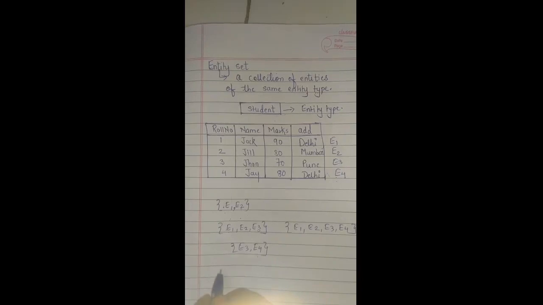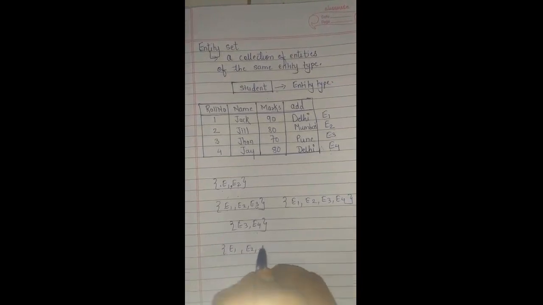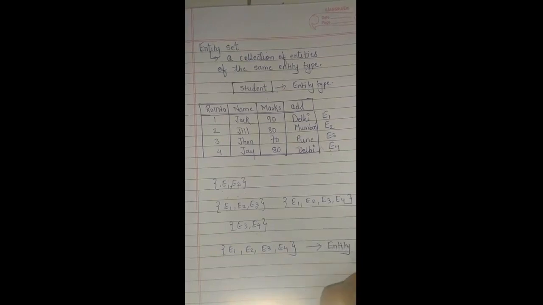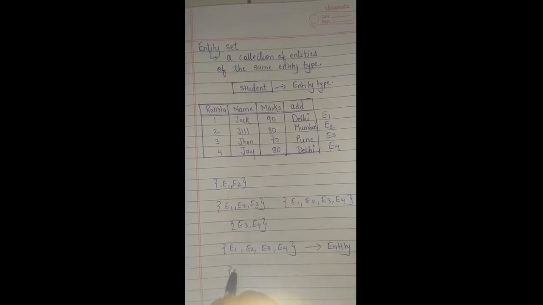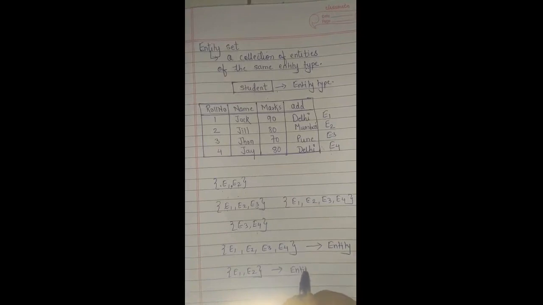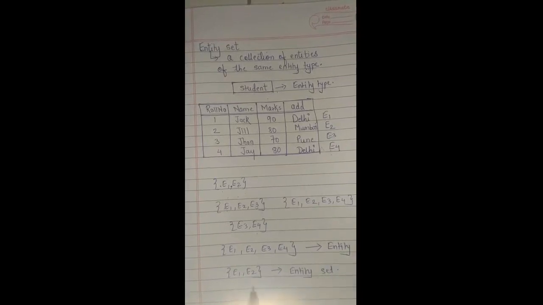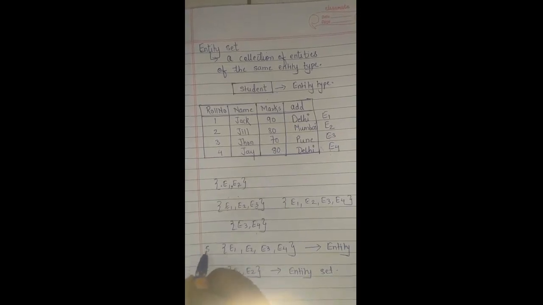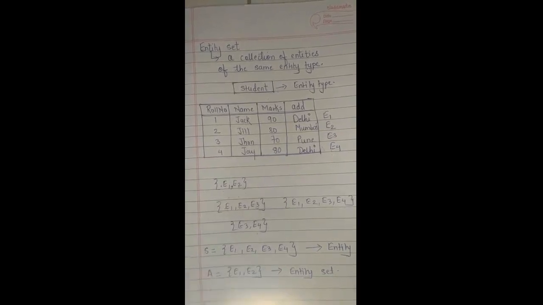So here E1, E2, E3, E4 is the entity type, and E1, E2 is an entity set. So let's denote the entity type as S, and let's denote the entity set as A. Can I say A is a subset of S?